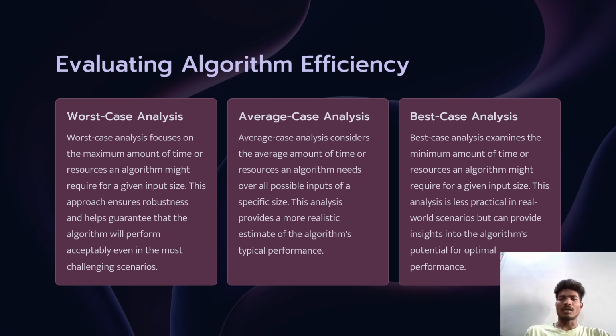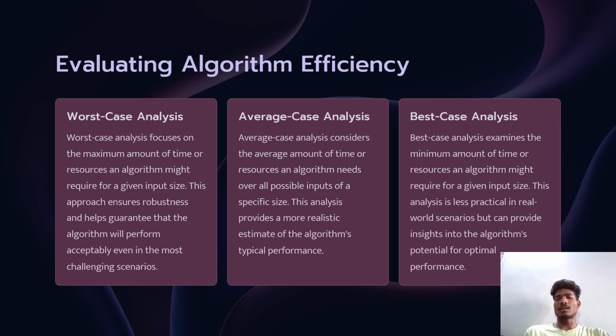Average case analysis. Average case analysis considers the average amount of time or resources an algorithm needs over all possible inputs of a specific size. This analysis provides a more realistic estimate of the algorithm's typical performance. Best case analysis.